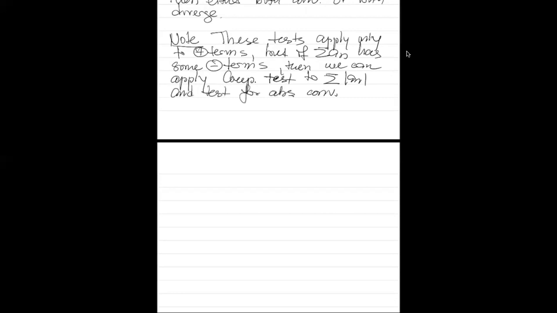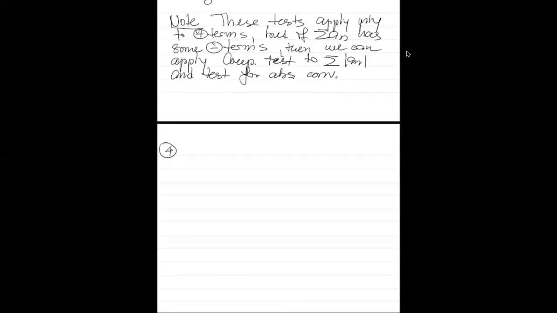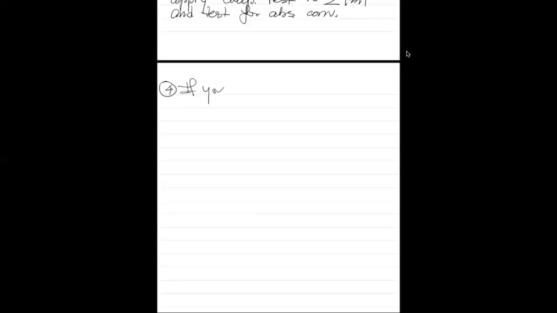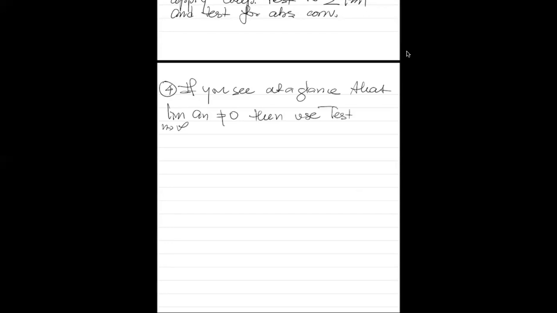And we know if a series is absolutely convergent, then it is convergent. Number 4, if you see at a glance that the limit of the nth term is not 0, then use the test for divergence.